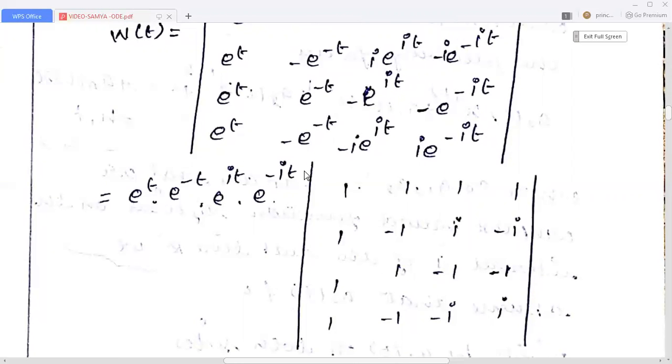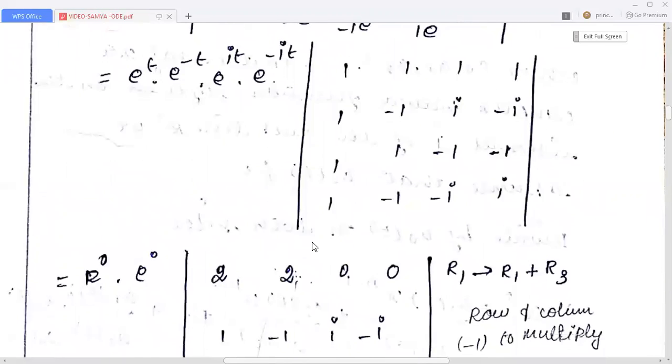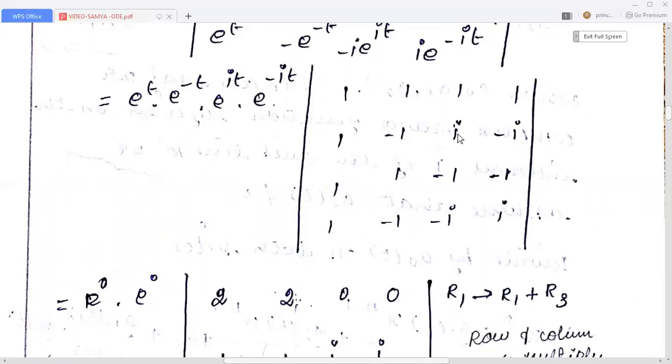After taking all the common elements, the remaining determinant can be written like this. When you multiply these values, this reduces to e^0, that is 1. So next we have to expand only this 4 by 4 determinant.